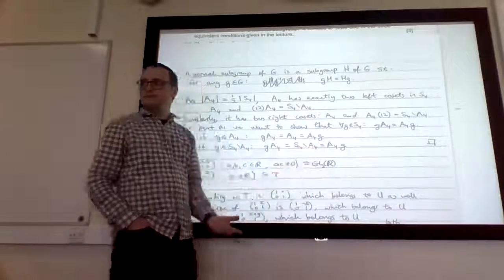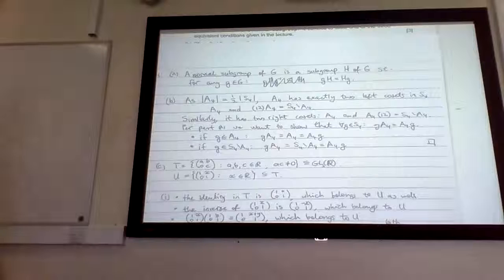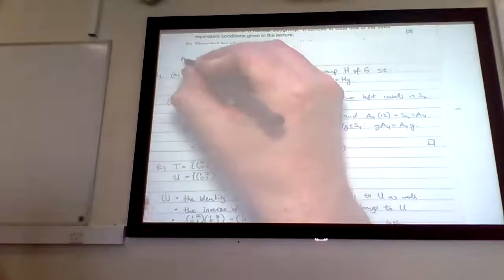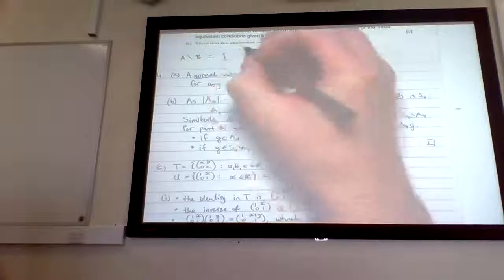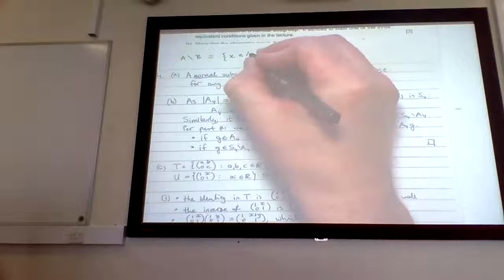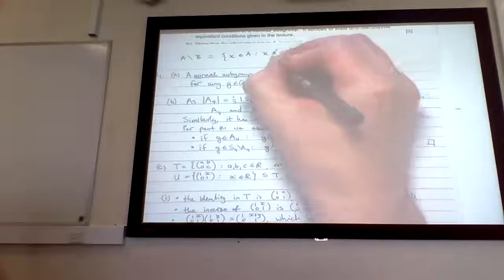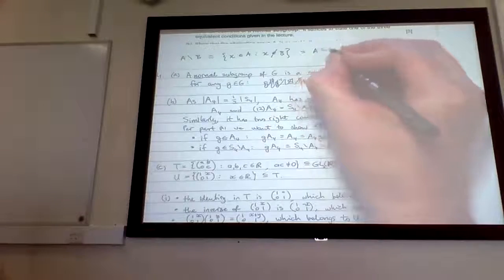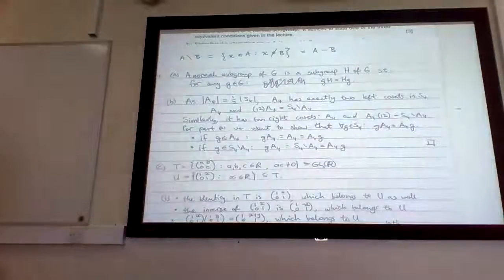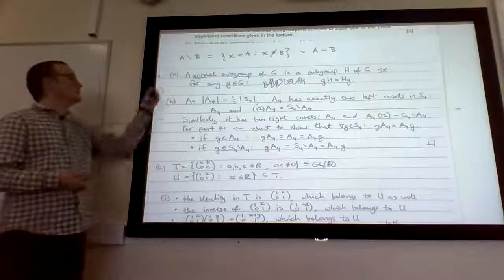So that notation, I don't remember that notation. Yeah, that's set difference. A less B, or the complement of B in A. It's the set of everything in A such that x is not an element of B. Some books would also write it A minus B. This is similar to the factor group notation. It's a backslash then.